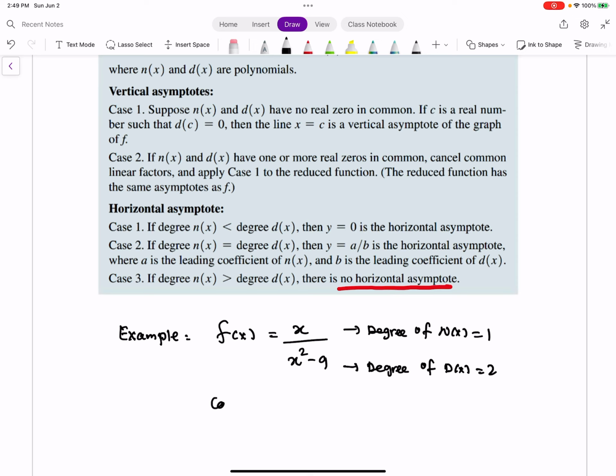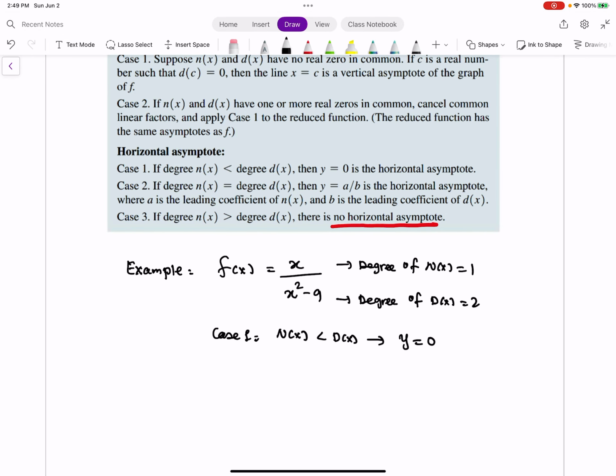So we have to use case 1, which says that if the degree of n of x is less than that of d of x, then the horizontal asymptote is 0. And for the vertical asymptote, x squared minus 9 is equal to 0, so x is equal to plus or minus 3. One line is x is equal to 3, the other line is x is equal to minus 3. So you have two vertical lines.